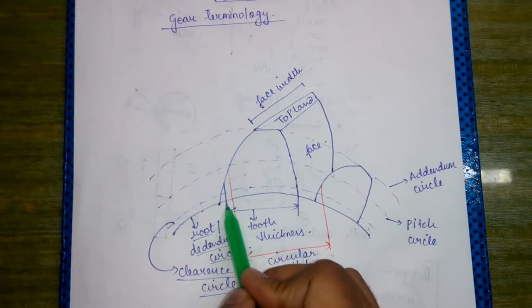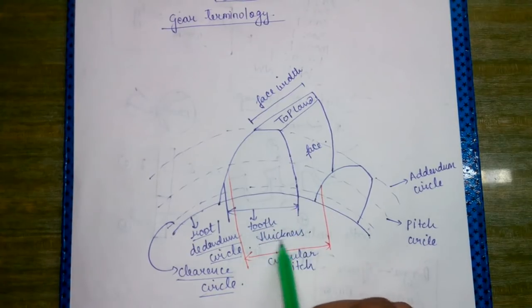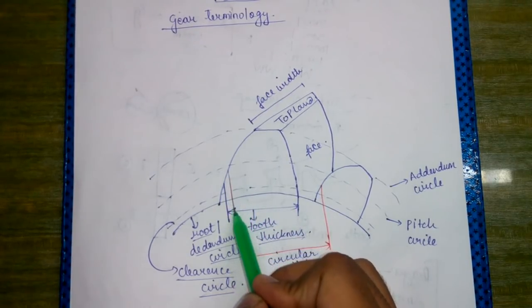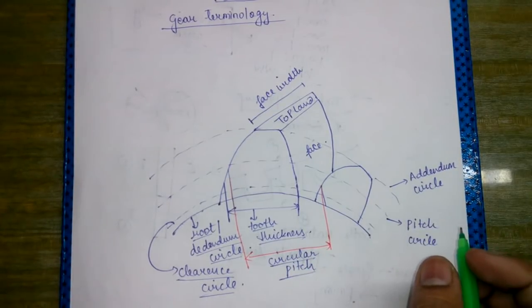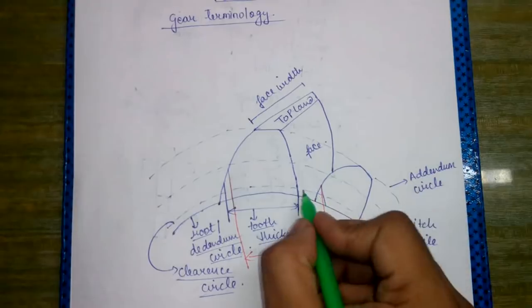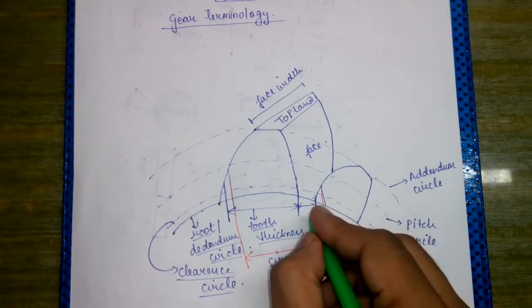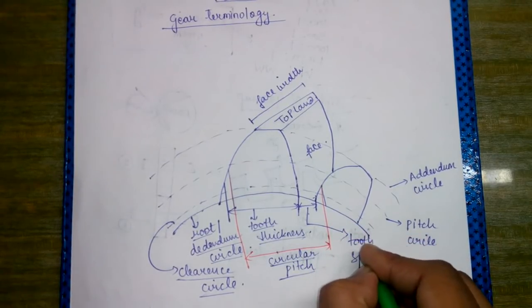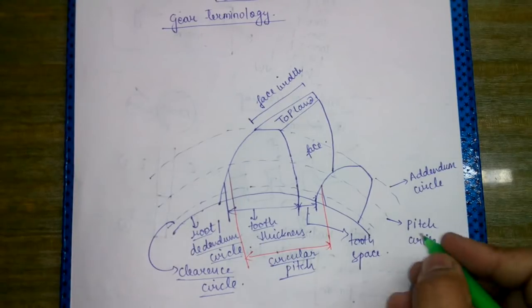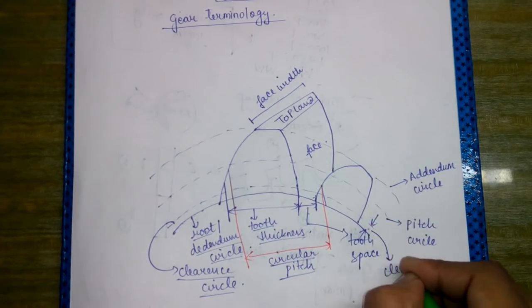The distance between here to here is called the tooth thickness, and the distance between this tooth and the beginning of the next tooth is called the circular pitch. And the gap between these two teeth is called the tooth space. Okay, and this space is called clearance.